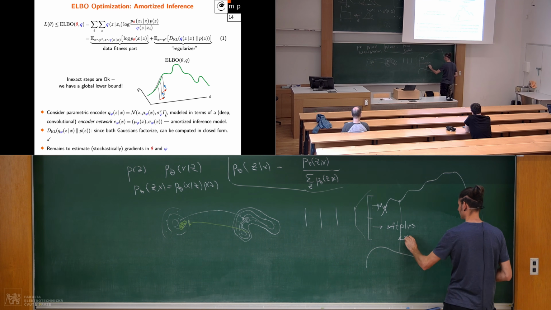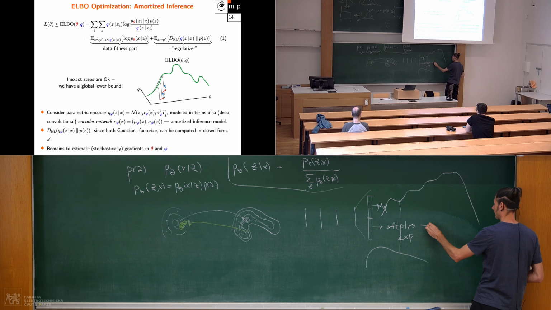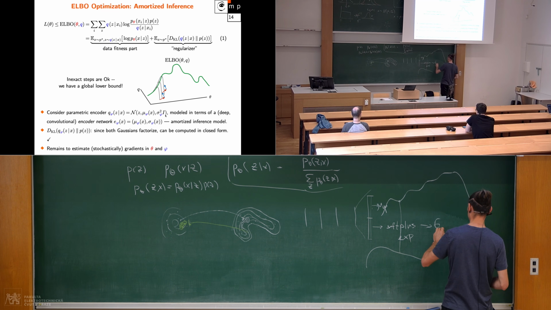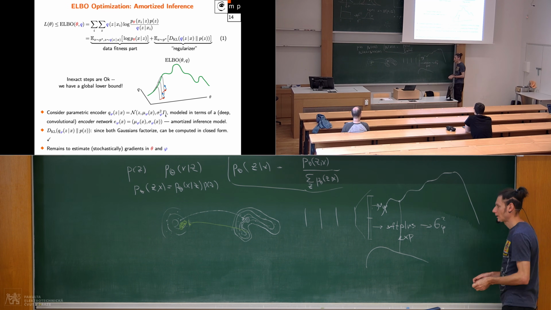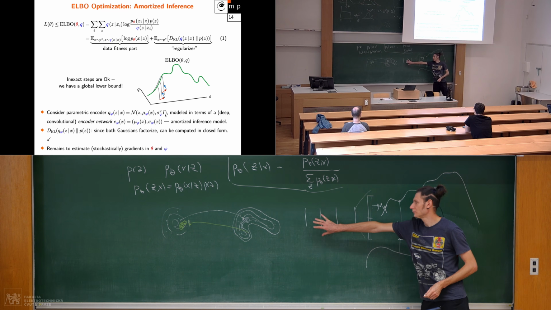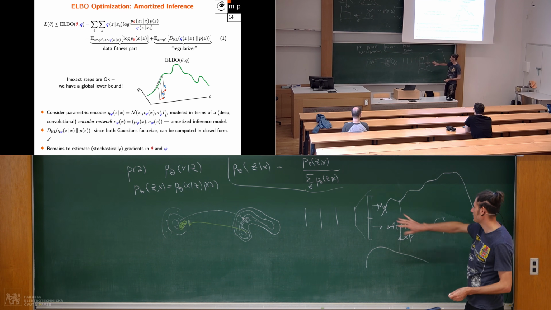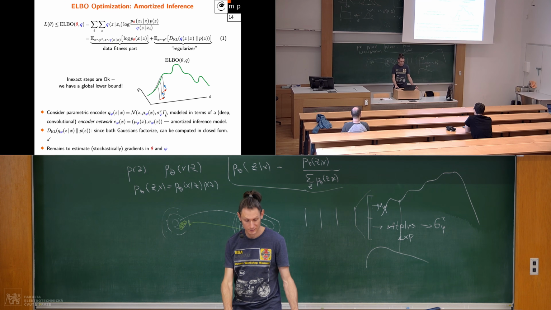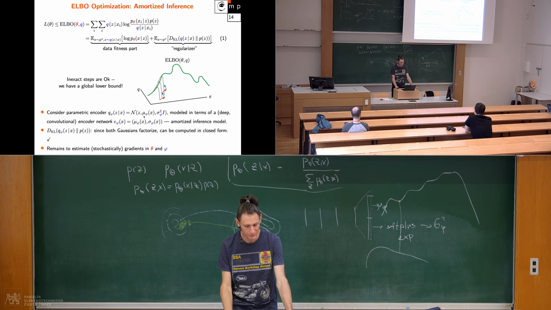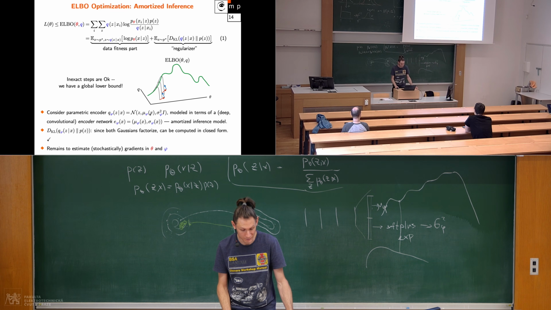Whatever. This will give us the standard deviation or variance parameters. So we designed a neural network that outputs means and variances per coordinate, and this is going to be our encoder. So this is the model in practice.